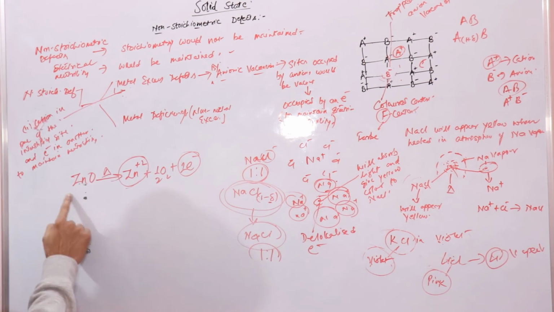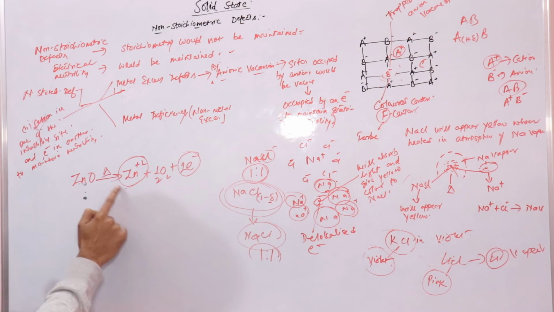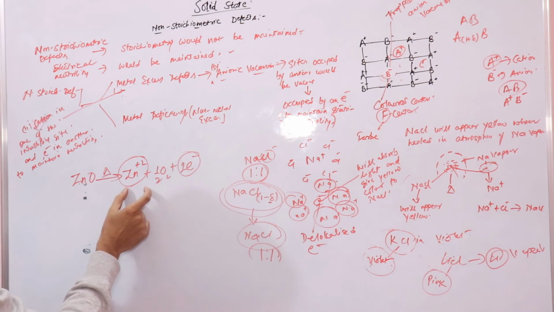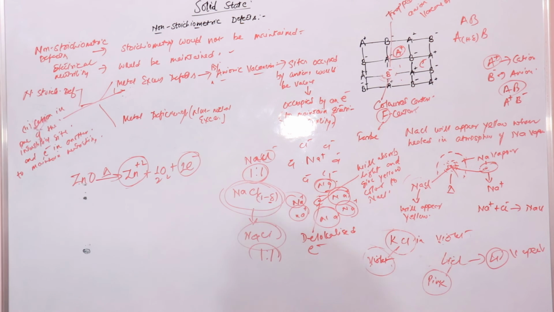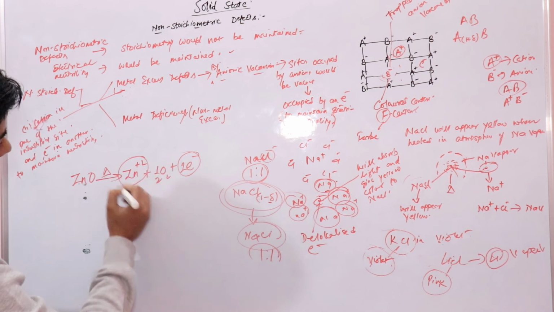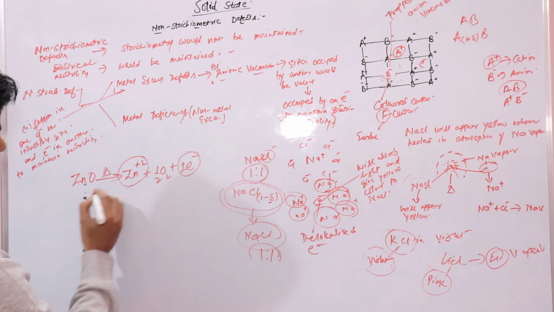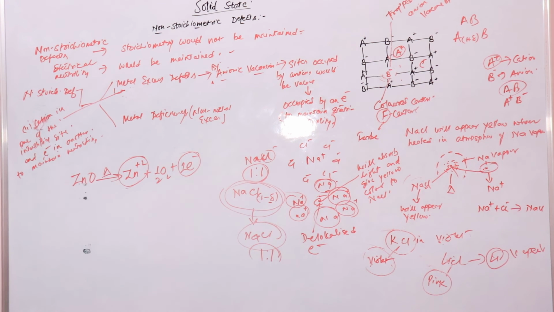We have taken this example: when heated, it will form cations, which will move to interstitial sites, and the electrons generated would move to another interstitial site to maintain electrical neutrality. So here we have more zinc ions in the crystal lattice of zinc oxide. So this is a metal excess defect, right? I hope this is clear.